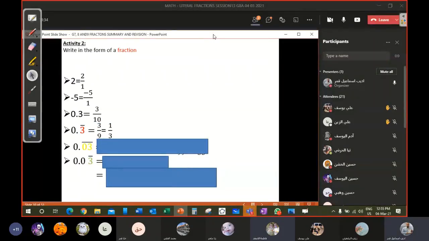We remove the 0, we get 3/99. We simplify by 3, we get 1/33.